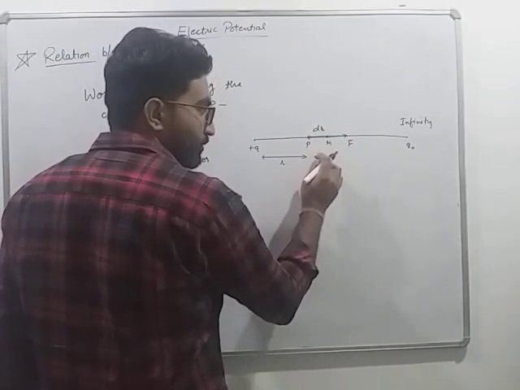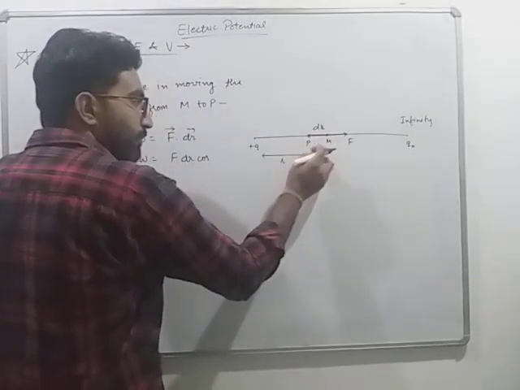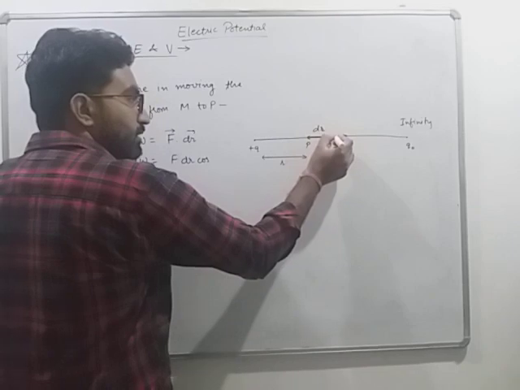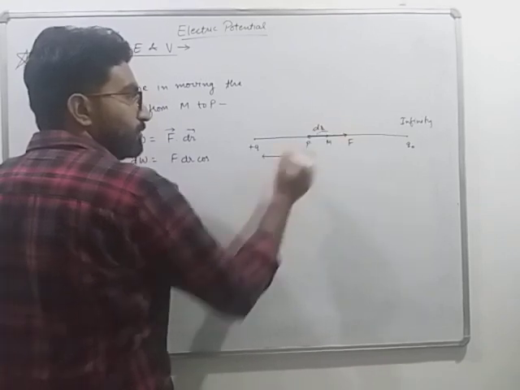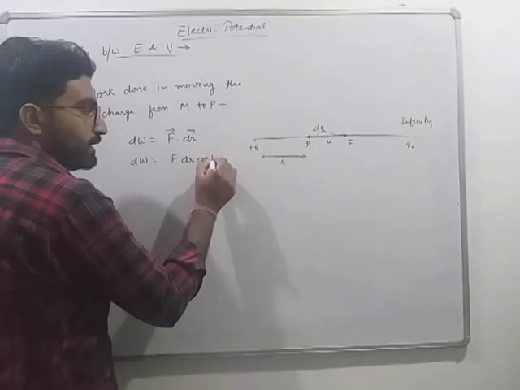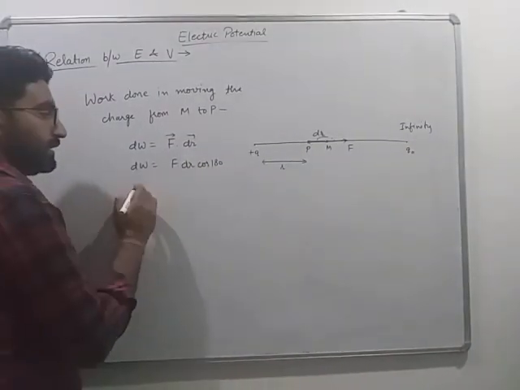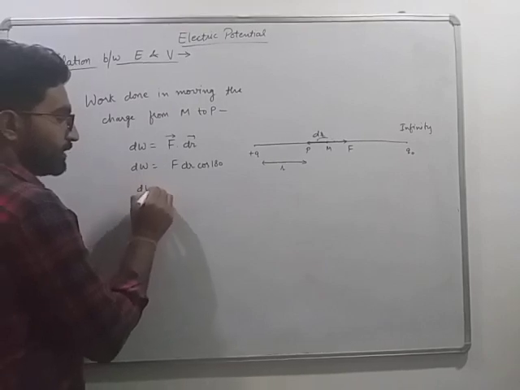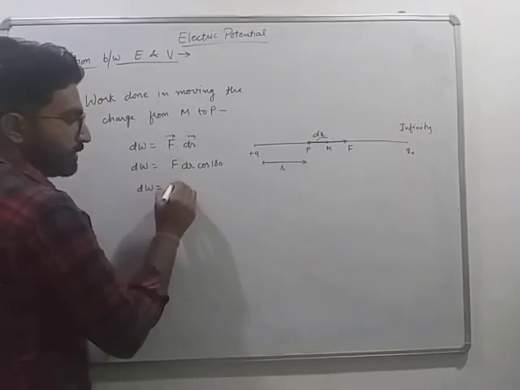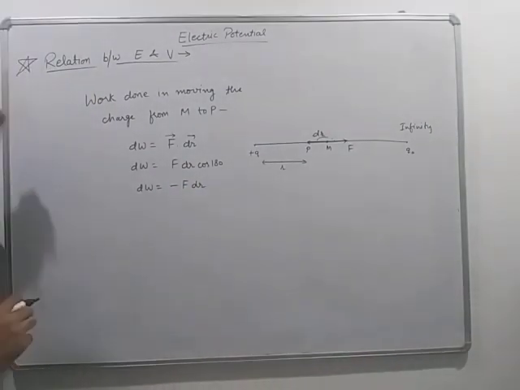Force is acting towards PM and the displacement is along MP, so the angle between them is 180 degrees. Cos 180 degrees is equal to minus 1. So dW equals minus F dr.